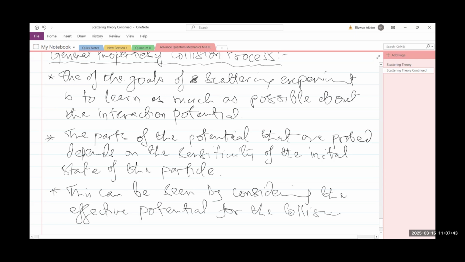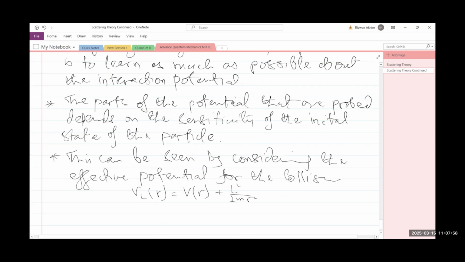कैसे लिखेंगे इसको? VL of R, which is equal to V of R, the central potential, plus the part of the potential which is a function of the angular momentum, L square upon 2 m R square.